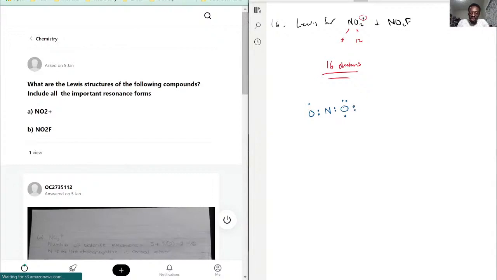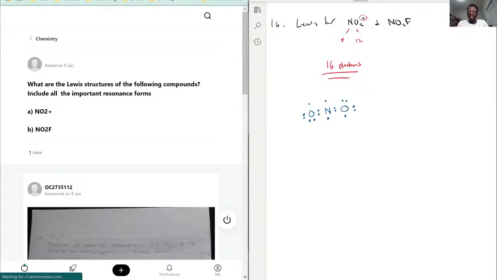Same thing here, 2, 3, 4, 5, 6. Nitrogen, on the other hand, is sharing 2 of its 5, so 3, 4, 5. But as we said, there's 1 electron less. I'm just going to take off this one here.